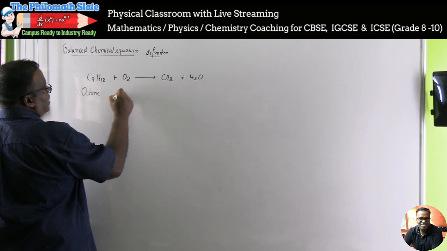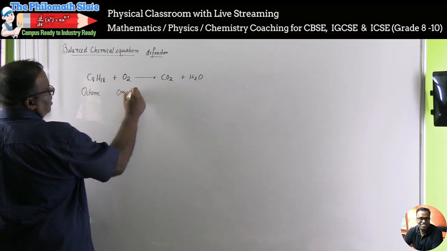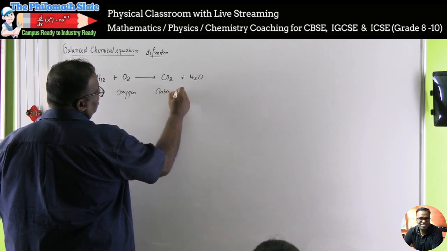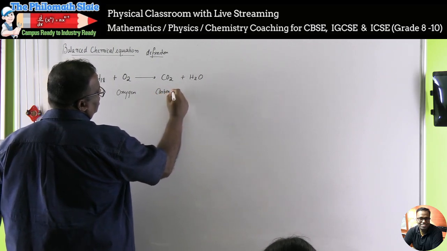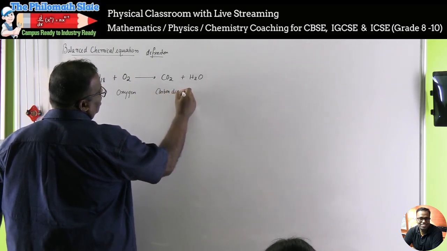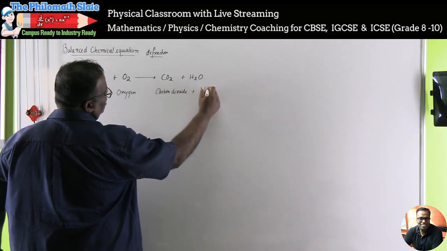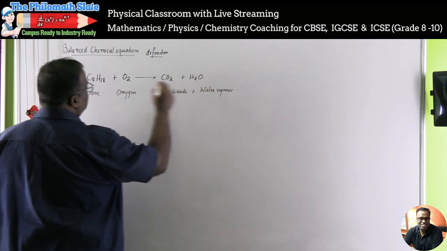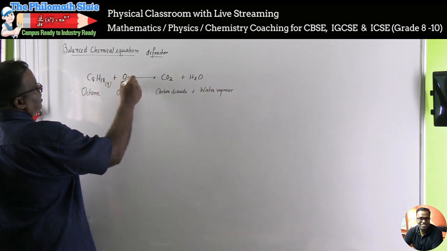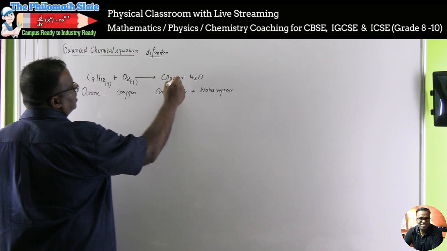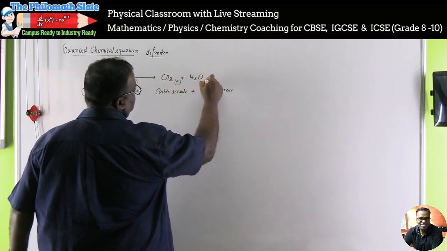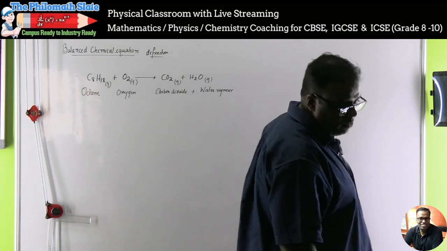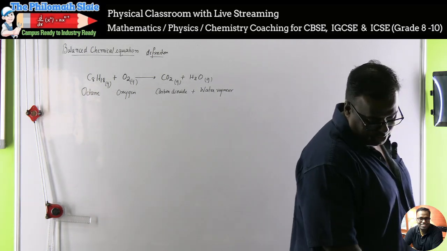Octane reacts with oxygen, gives me carbon dioxide plus not water, water vapor. Octane is a gas, oxygen is a gas, this is a gas. Go ahead and do one calmly. No points for doing it fast, all points for doing it correct.